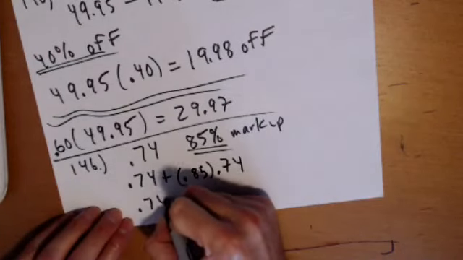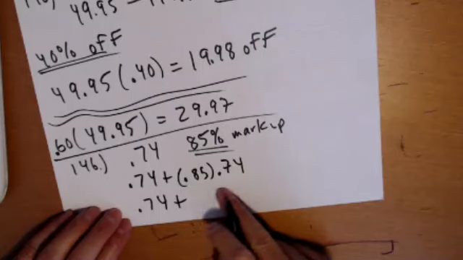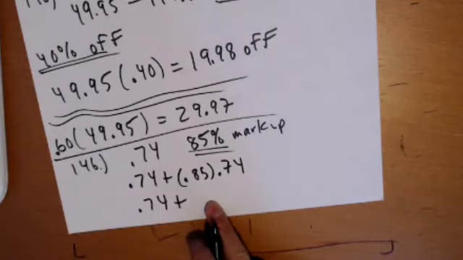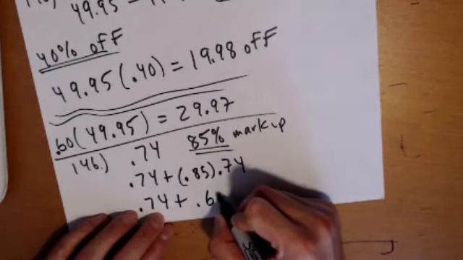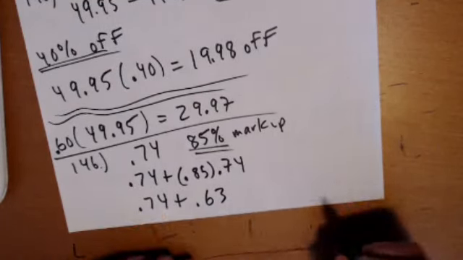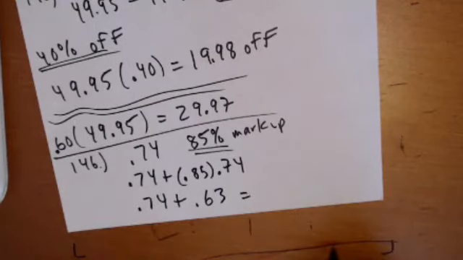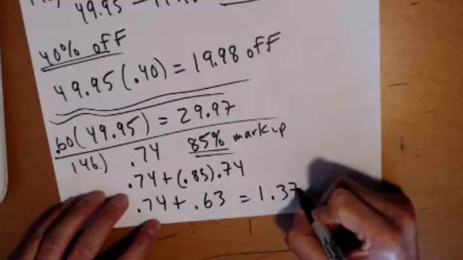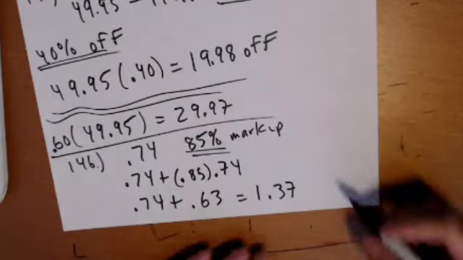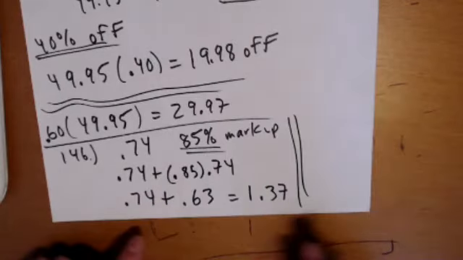I'll show you a shortcut, but this makes perfect sense what we're doing right now. 0.85 times 0.74 is 0.629. I'll call it 63 cents. So that's going to be plus 0.74, $1.37 is what she'll be charging. Okay, that makes perfect sense.